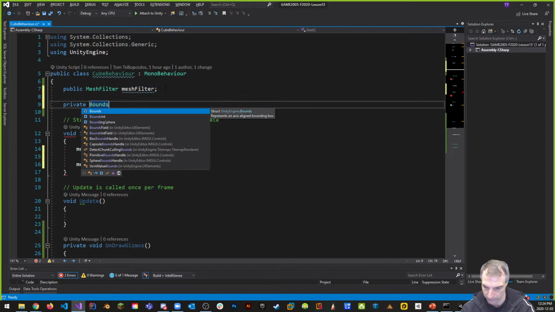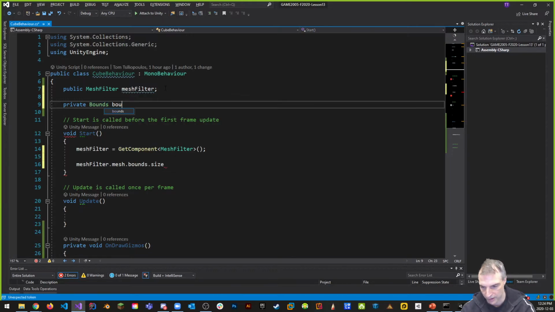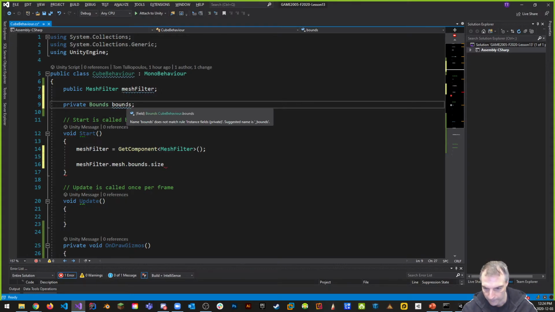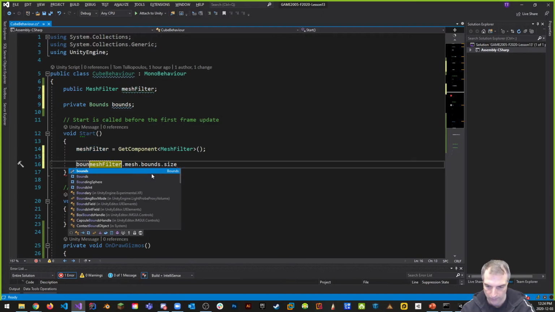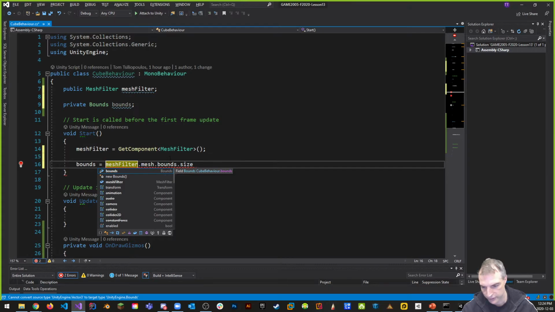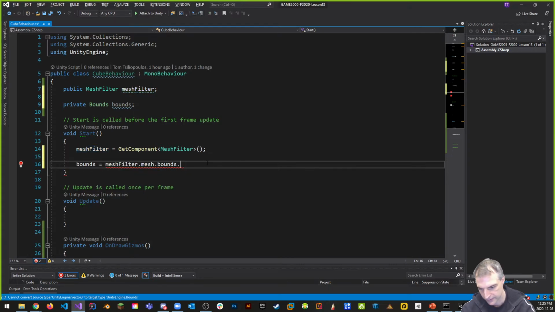That's a type, and the variable is going to be lowercase bounds. That's what we want to use. And what we want is to say that bounds is equal to meshFilter.mesh.bounds by itself, like this. So this is kind of our little alias. bounds is our alias for everything else we have. Again, this is kind of information that we can share. This is going to give us some information for you.